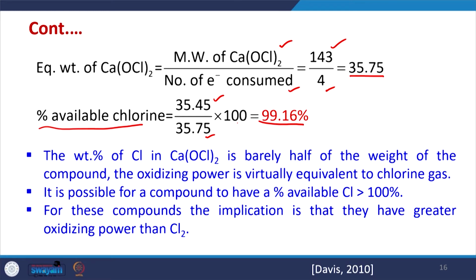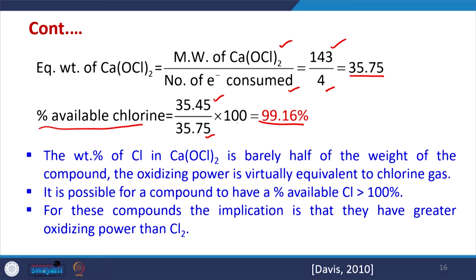The weight percentage of chlorine in CaOCl2 is barely half of the weight of the compound. So, this is only half, but the oxidizing power is virtually equivalent to chlorine gas itself.